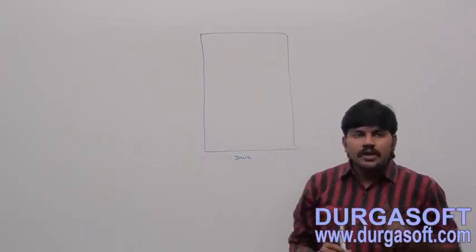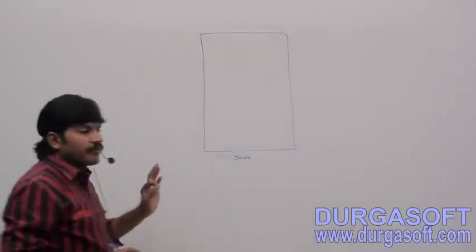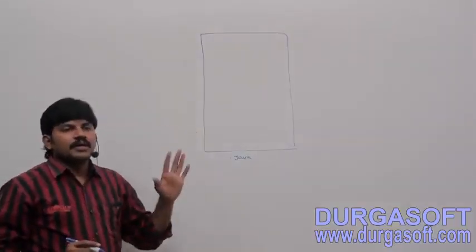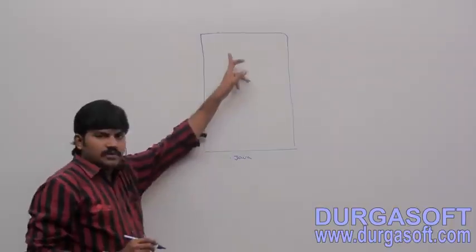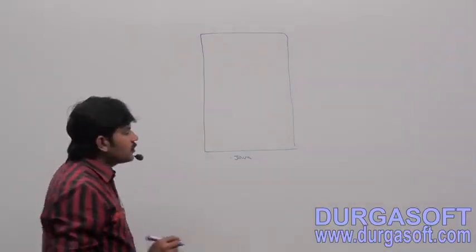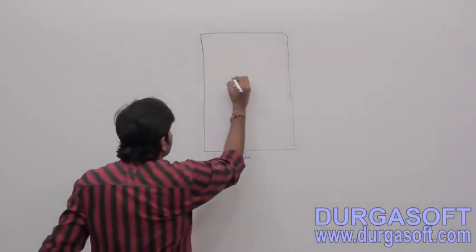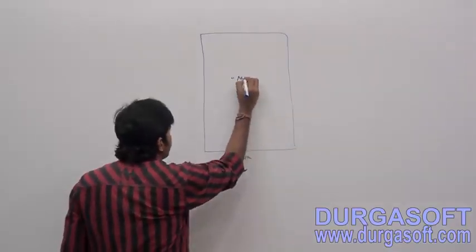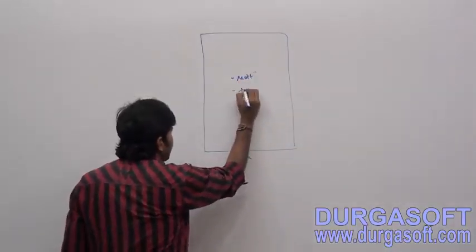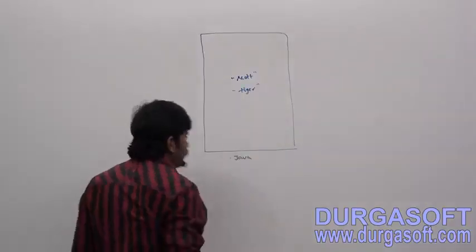If anything changes frequently, it is never recommended to hard code that in our Java program. Are you getting it? Suppose I hard coded Scott and Tiger in my program.